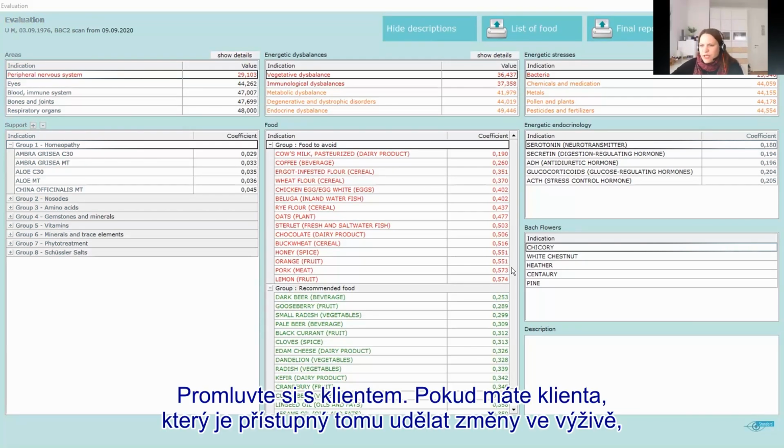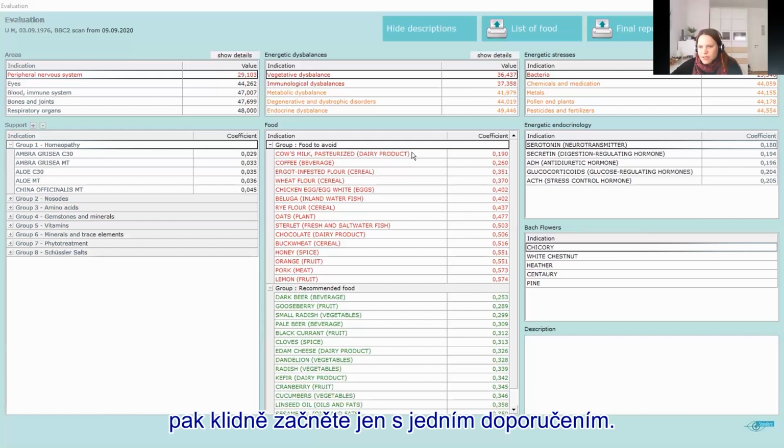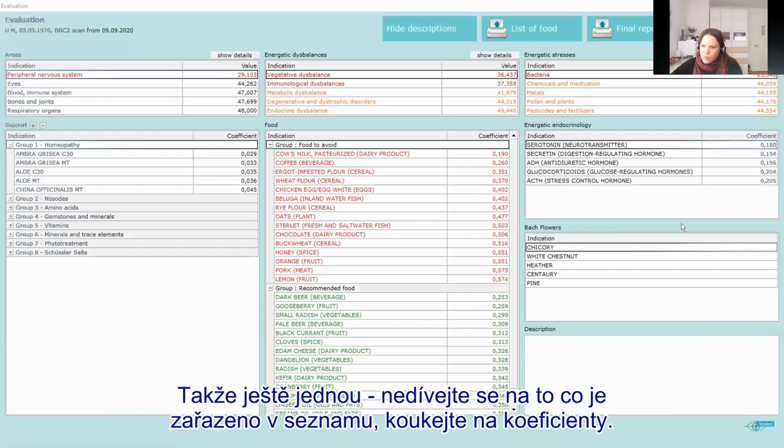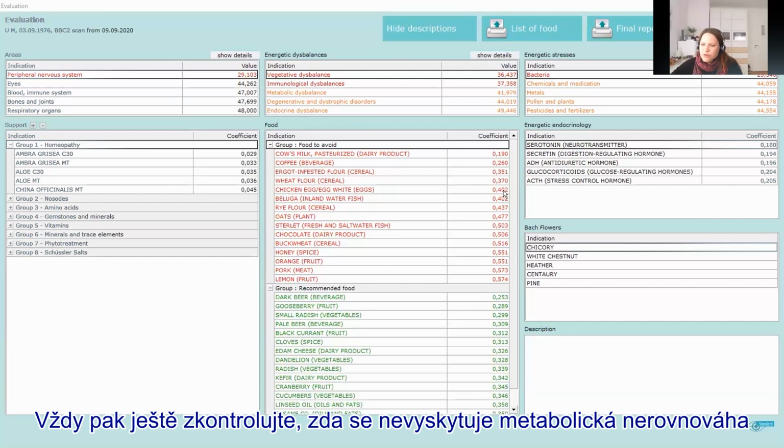Please talk to your patient. When you have a patient that's fully open to changing the nutrition, you have more options. But when you have a patient that struggles with just leaving the milk out, then start with one. So please, in the list, don't look at what is listed, look at the coefficients. Most important, everything under 0.4.